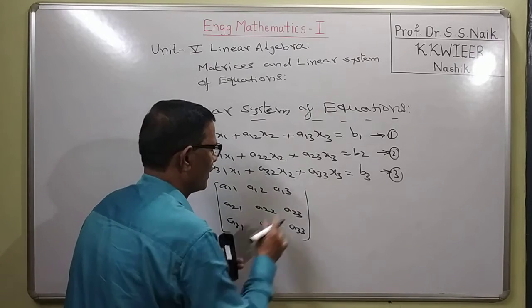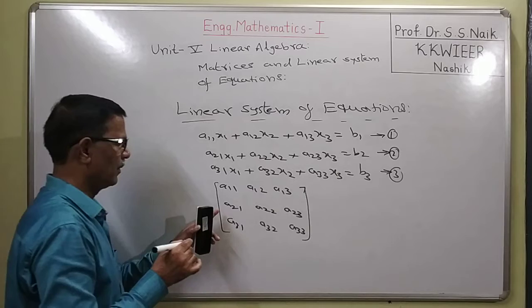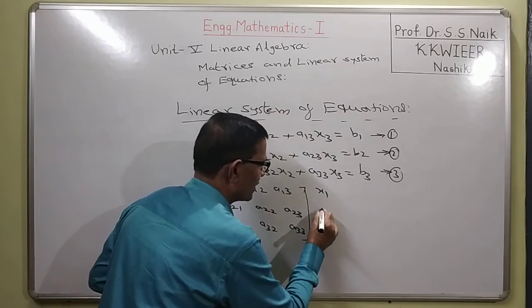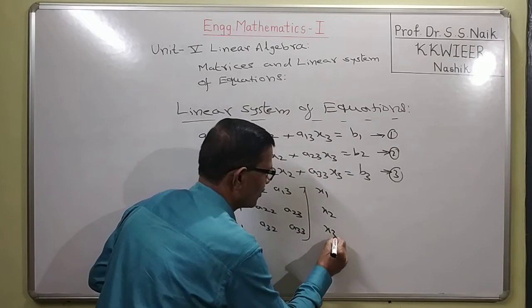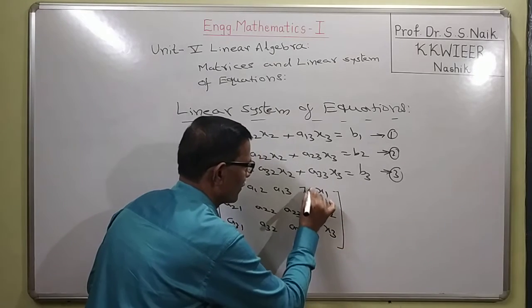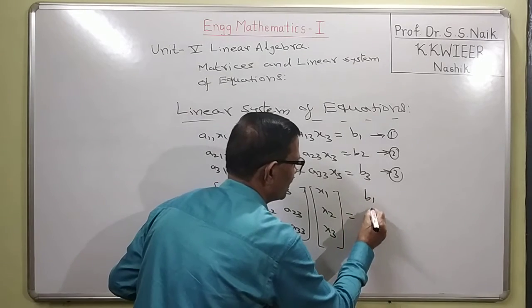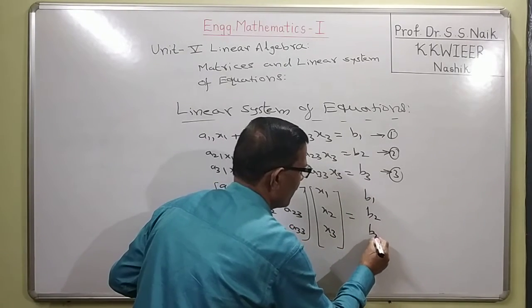Now this is a coefficient matrix, and then you are having the matrix of the variables x1, x2, x3, and then you are having a constant matrix on the right hand side. This is B1, B2, B3.